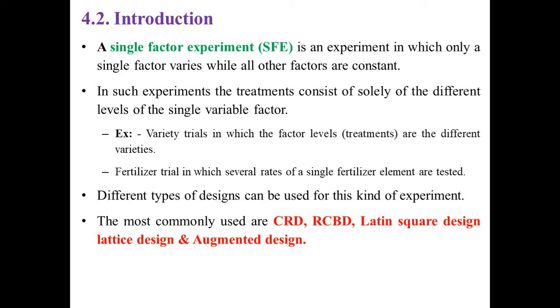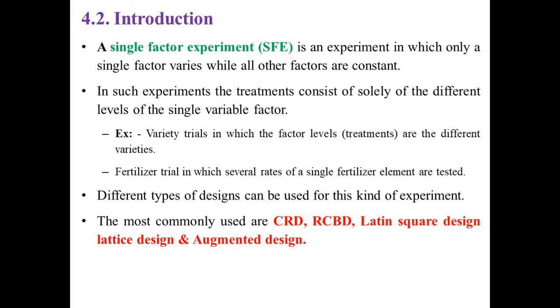We can also mention another example, the fertilizer trial, in which several rates of a single fertilizer, it may be nitrogenous fertilizer, from 0 up to several levels above, are applied, and all the other factors should be constant. In such a case, we can say that the experiment is a single factor experiment.